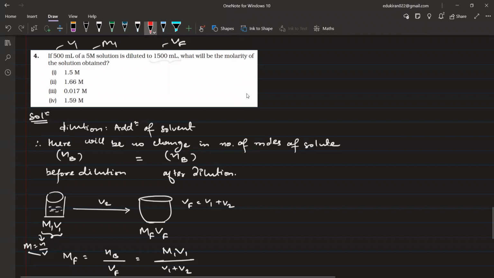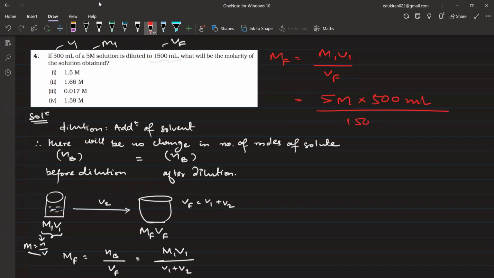What will happen here? M final will be equal to M1 V1 upon V final. M1 is 5 into... You don't have to worry about milli here, because milli and milli will cancel. Let me show you. 5 into, this is 5 molar, into volume 1, which is 500 ml.